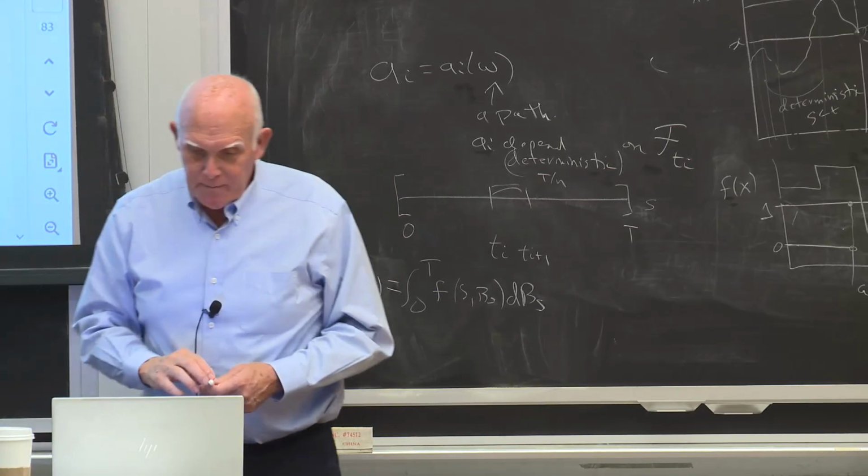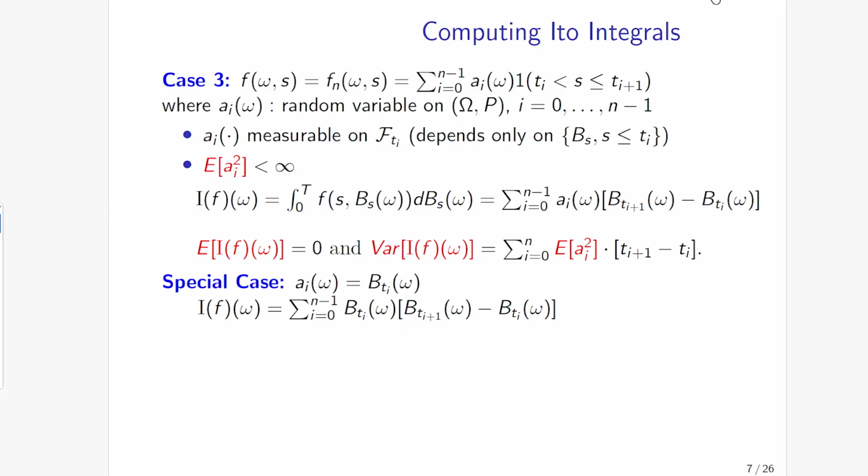All right. An interesting example, just from a mathematician's standpoint, is what if we define our levels to be equal to the value of the Brownian motion itself? So we're integrating B dB.